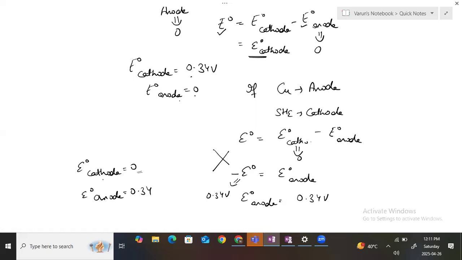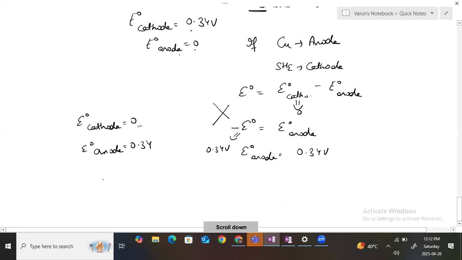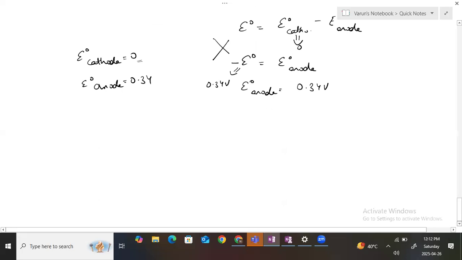So in this way, we can find which one will undergo oxidation and which one will undergo reduction. Any doubt? No doubt, sir. Just to have a quick revision of it, if you can.